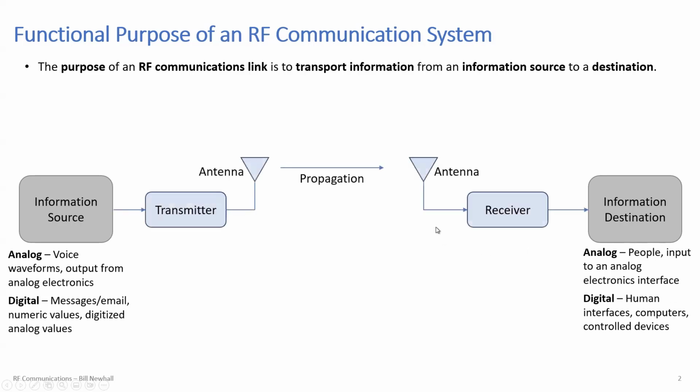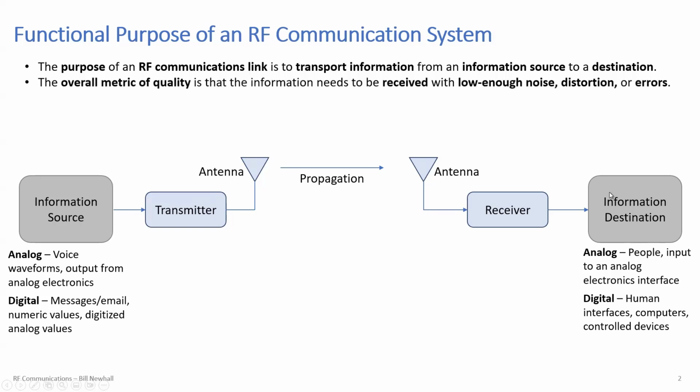And in between, we're going to put this RF system. We're going to put a transmitter, an antenna. We're going to propagate electromagnetic waves. We're going to receive those EM waves via an antenna and then use a receiver to extract that information at the destination. Okay, and so what are we trying to do here?